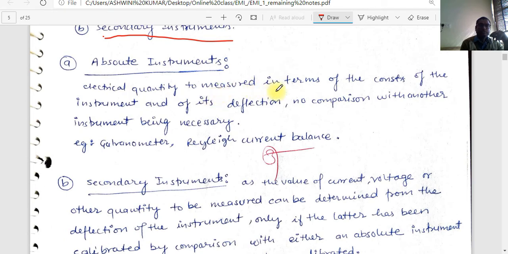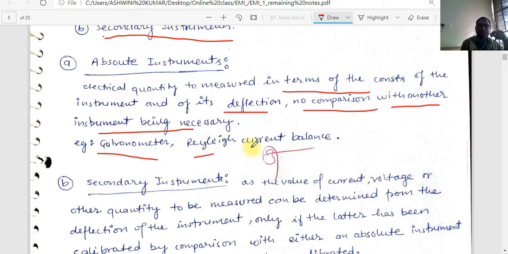The electrical quantity to be measured in terms of the constant of the instrument and its deflection, no comparison with another instrument being necessary. Galvanometer and current balance we will discuss in unit 4.